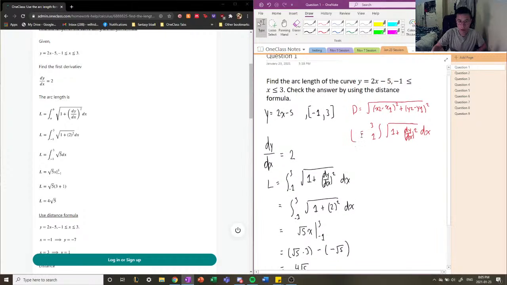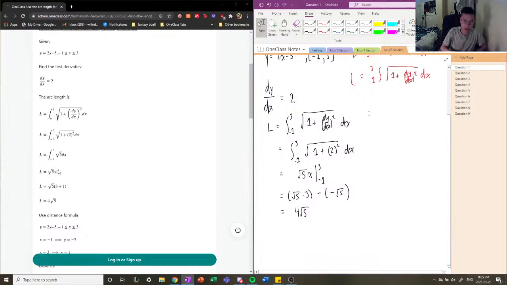All right? Now we're going to use the distance formula, which states that x2 minus x1 squared plus y2 minus y1 squared. So we have to find y2 and x2 first, and y1 and x1, okay? So if we use the second method here, we're going to need to find x1 and y1.